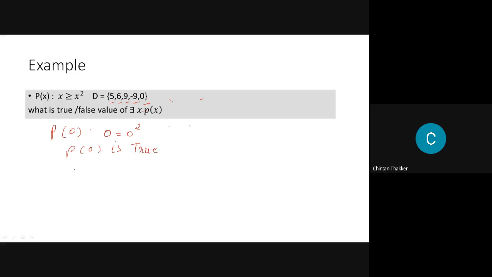So P(0) is true. Therefore, we got one witness. So therefore, there exists x P(x) is true.